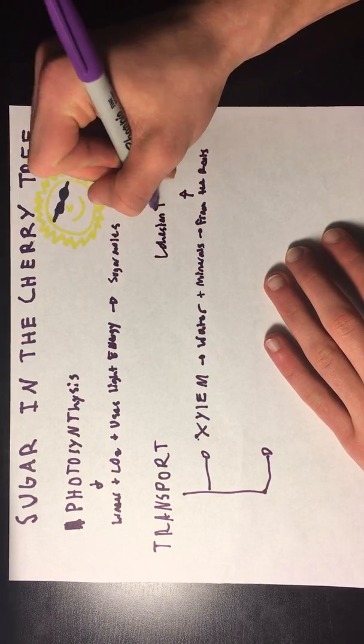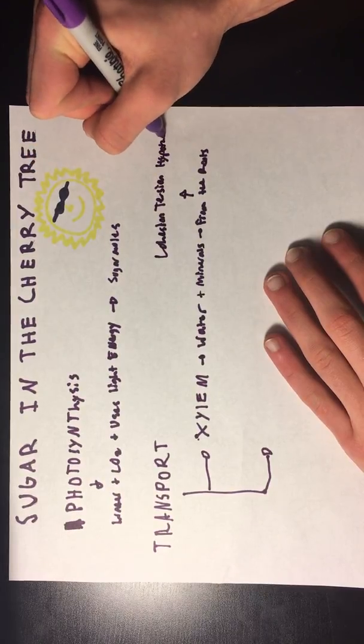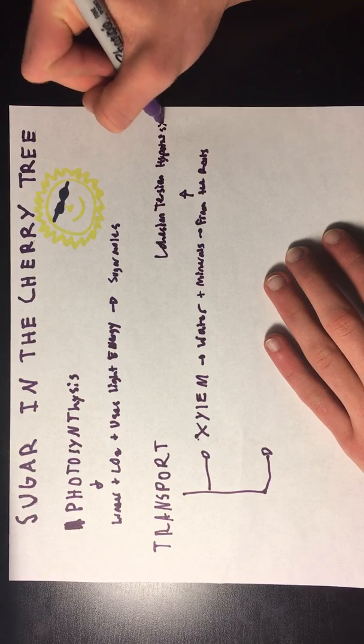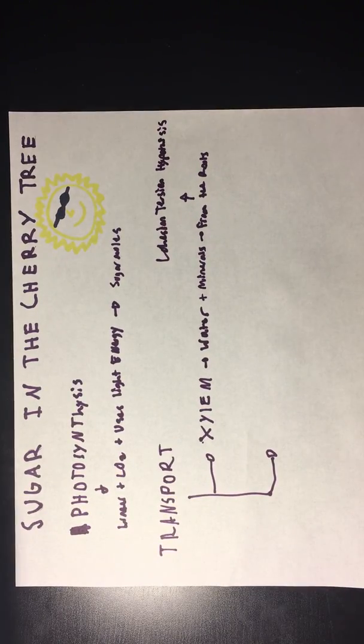cohesion tension hypothesis. And this cohesion tension hypothesis really is structured around one simple fact, that during the course of a day, it's really hot, and water's going to evaporate through the leaves of a tree.